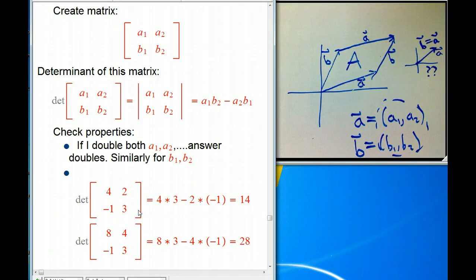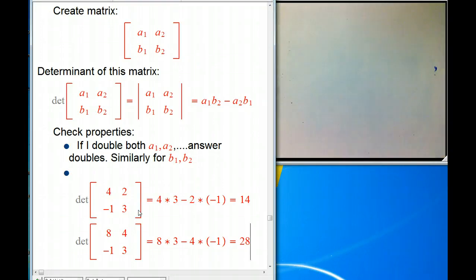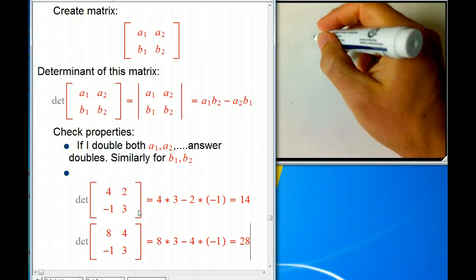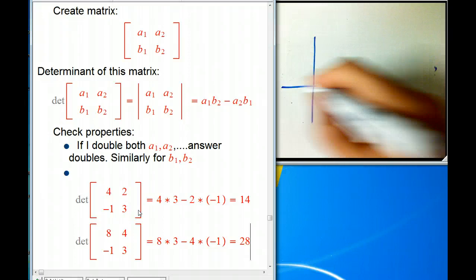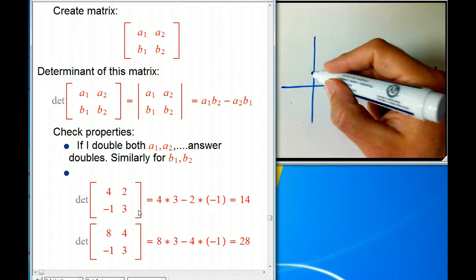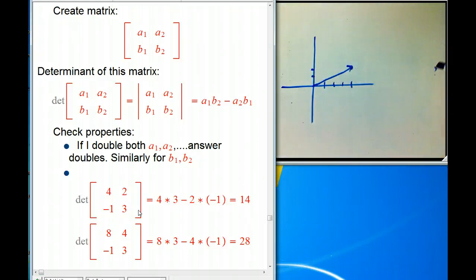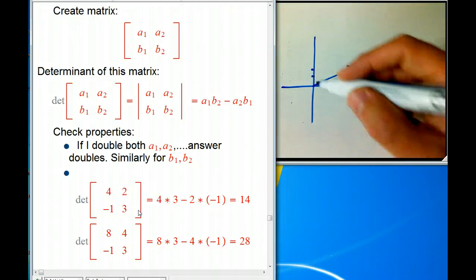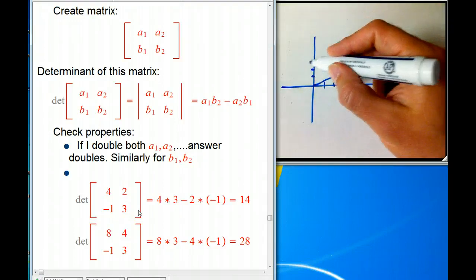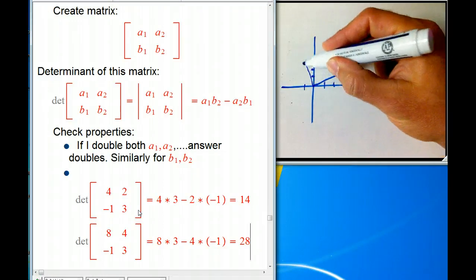Let's look at the picture for that. Let me do a new version of the picture. So here we have our axes. 4, 2, so there's our A vector. And minus 1, 3 goes to the left 1 and up 3. So it's like this.